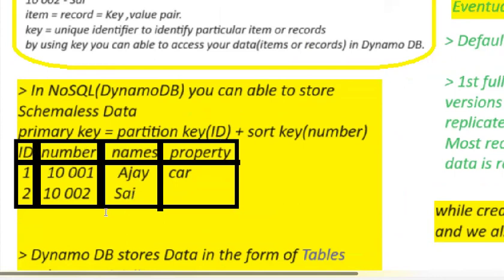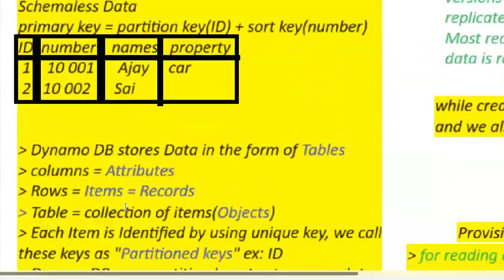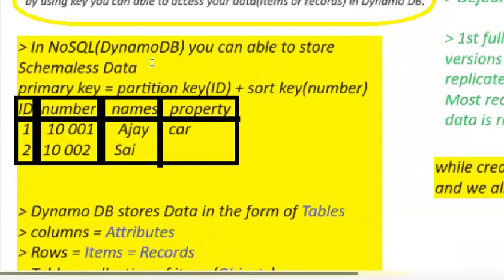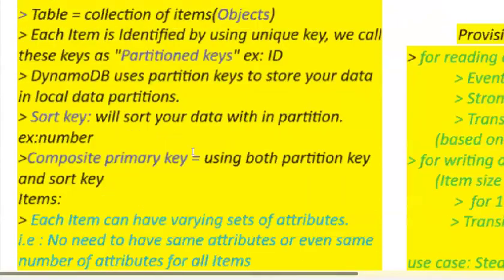So you can take names as your alternative partition key, so that you can provide both the sort key number as well as the alternative partition key, that is names, to your query, so that you will get a particular item or record from this table. So it is possible for this table to choose names as the alternative partition key.